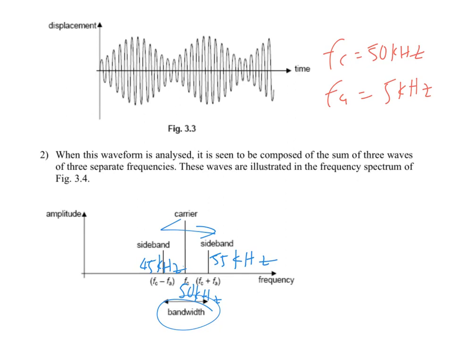So the range of frequencies you occupy is called your bandwidth, in this case 10 kilohertz bandwidth. Do you understand? To get the bandwidth, you just take the highest frequency component minus the lowest frequency component. You don't believe, you take 55 minus 45 and you get 10.